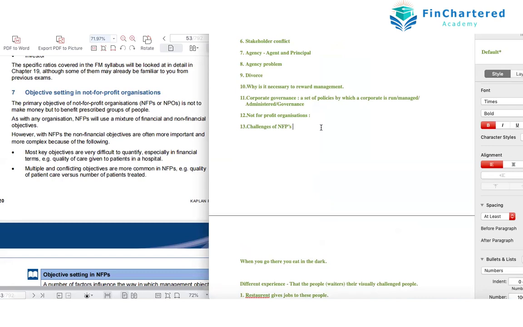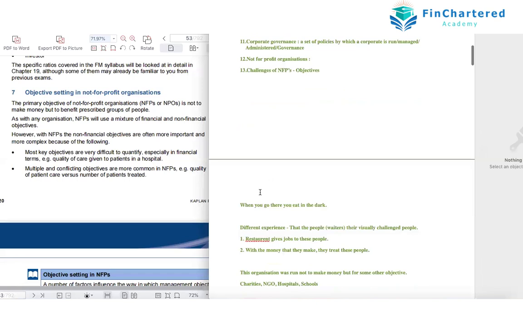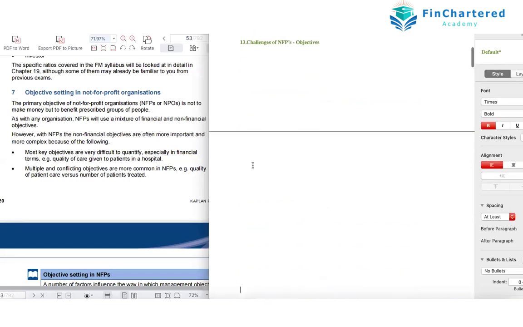See, the objective for a for-profit organization is money. But the objective of not-for-profit organizations is not money. For-profit organizations, it's simple. Whether you want to give high quality, whether you want your customers to be happy, ultimately the objective is money. But not-for-profit organizations, their objective is not profits. So obviously they have many other objectives.